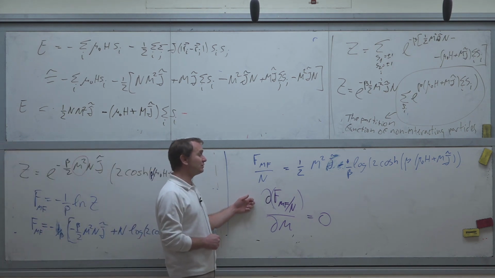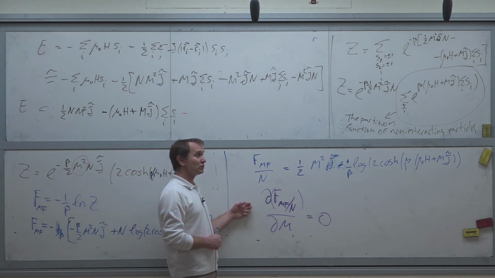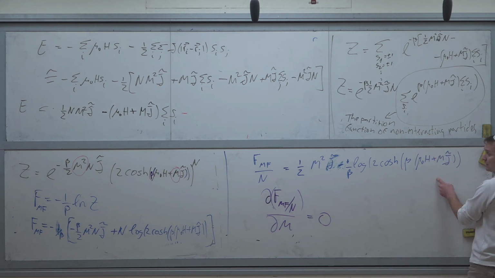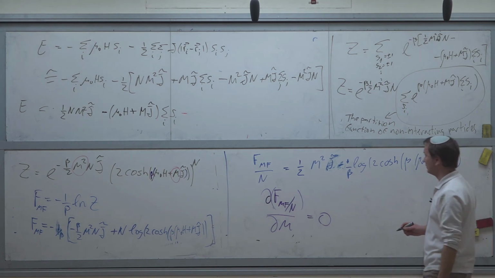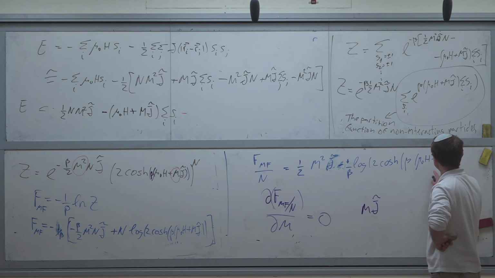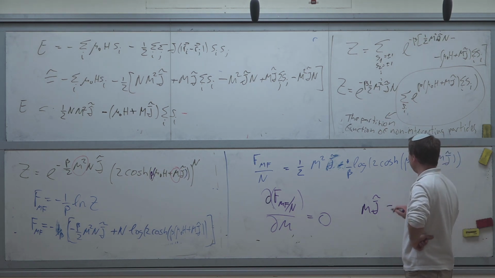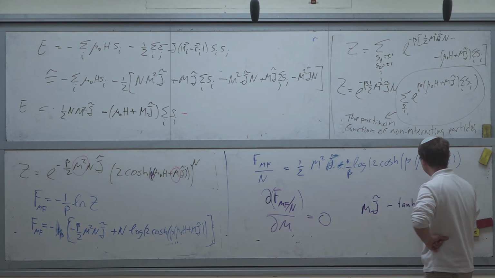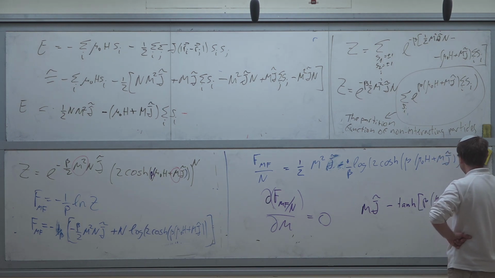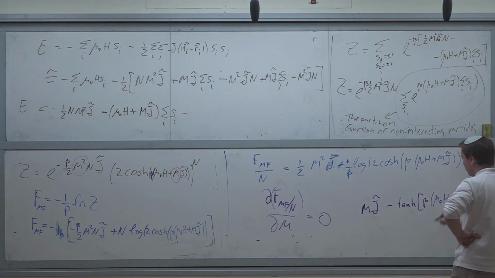So I have an exact representation now. I should take the derivative of this exact representation in order to solve for m. If I take the derivative of this guy, I'm going to have m J tilde, and eventually over here I will have minus hyperbolic tangent of beta mu 0 h plus m J tilde equals 0.